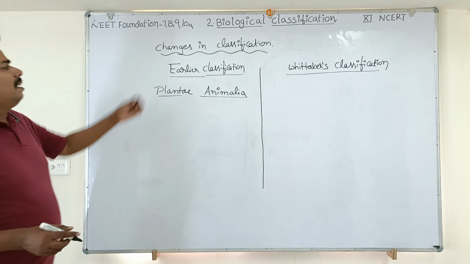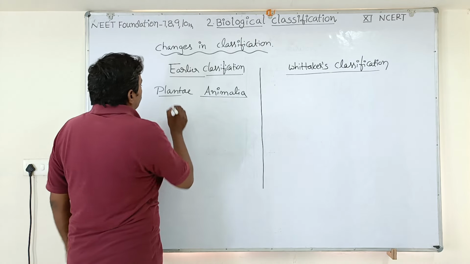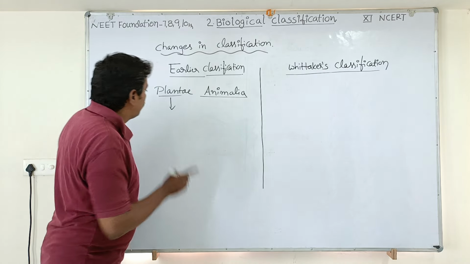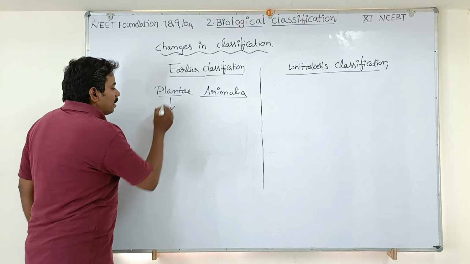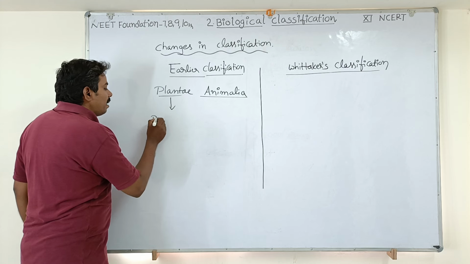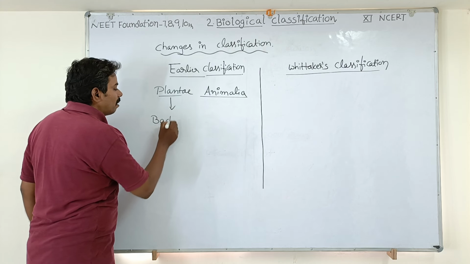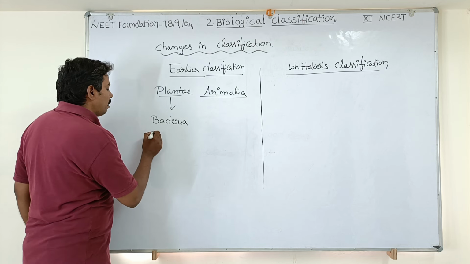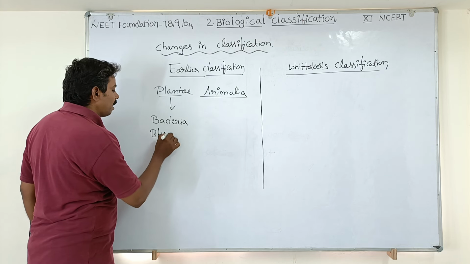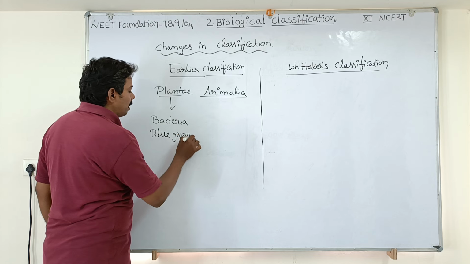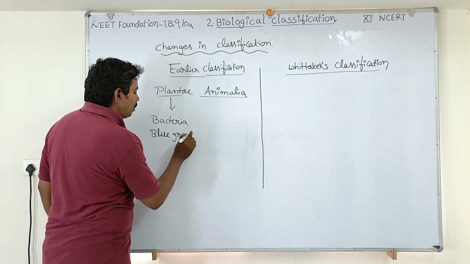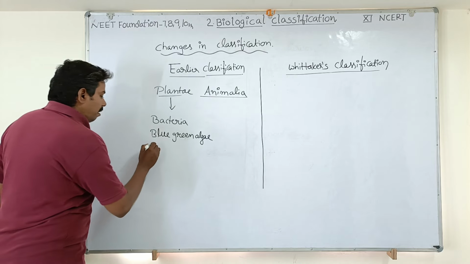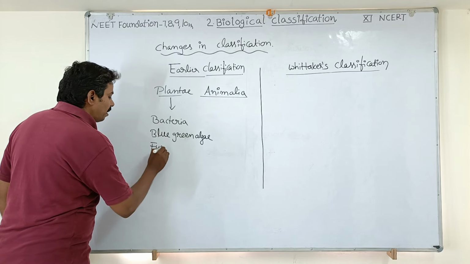Next, in the earlier classification system, the kingdom Plantae, listen carefully, this is very important. The kingdom Plantae included bacteria, it also included blue-green algae, it also included fungi.